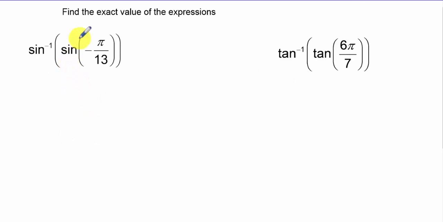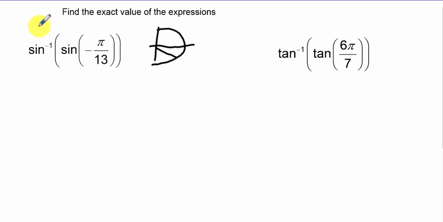Again, we want to find the exact value of the expressions. Now, this is a totally different setup. You'll notice they're asking you for the inverse sine of the sine of negative pi over 13, and I have no idea where that is. I can't tell you what the y value of this is going to be, but I do know that if I were to draw my graph, it's somewhere over here.